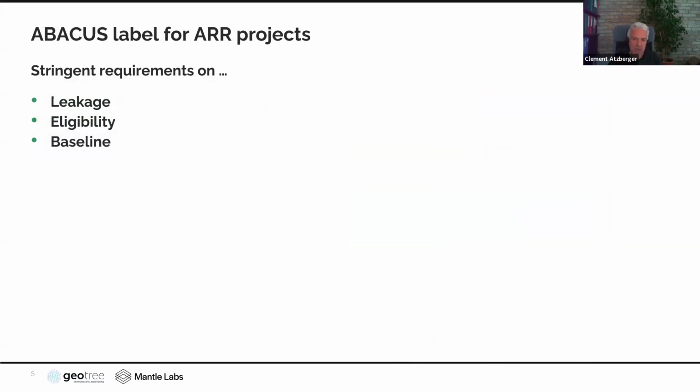Now, I will illustrate most of this AGB stuff in reference to ARR projects. So it's reforestation projects, it's planting trees, mostly in an agricultural context, so agroforestry projects. And there we have an old label, which was VM47, if I'm not wrong, from Vera.